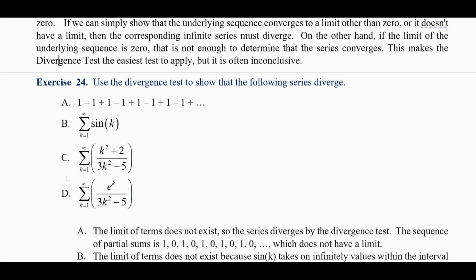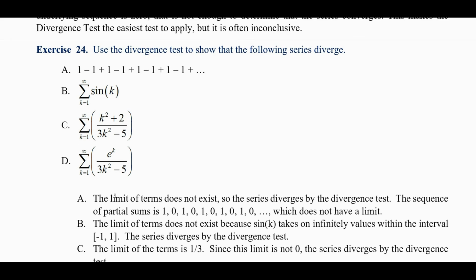The limit of terms does not exist on the first one, so the series diverges by the divergence test. The sequence of partial sums is 1, 0, 1, 0, 1, 0, 1, 0, which does not have a limit. That was for A. For B, the limit of terms does not exist because sine of k takes on infinitely many values within the interval -1 to 1.